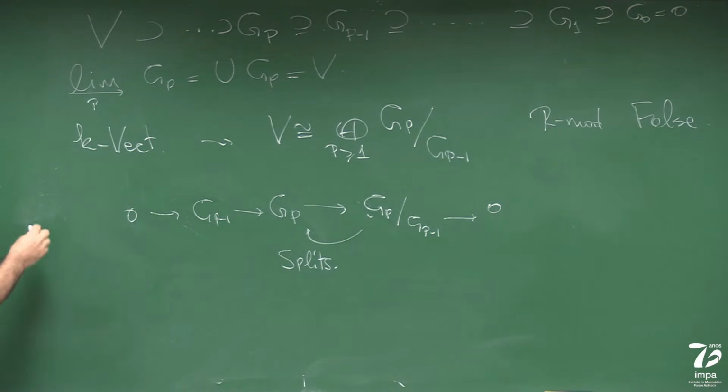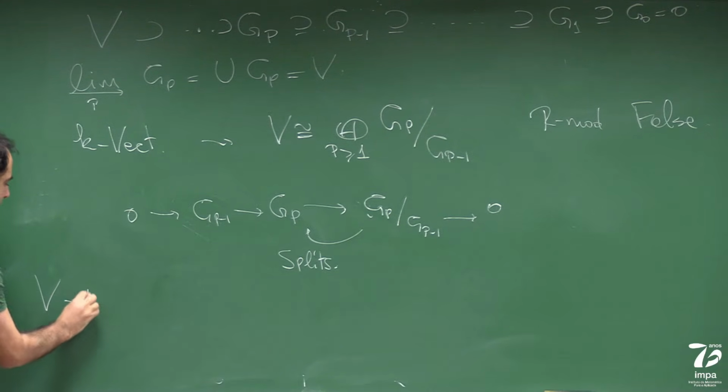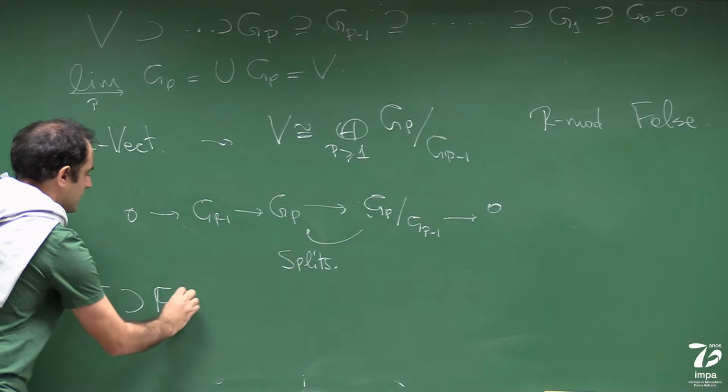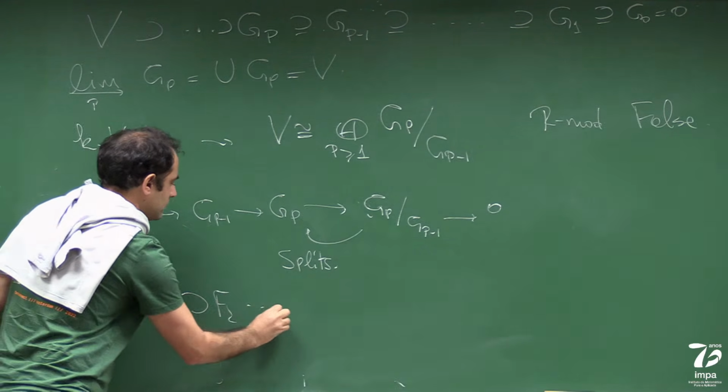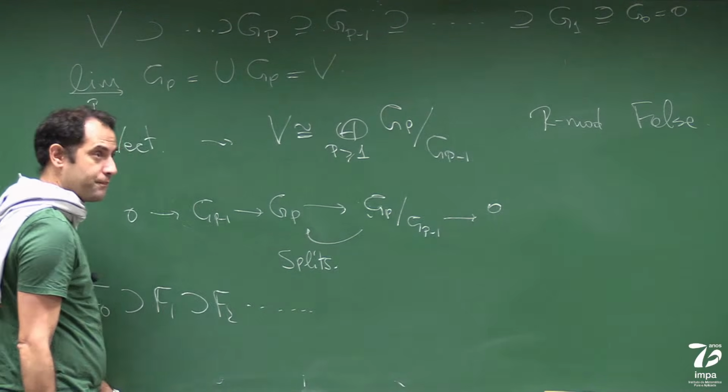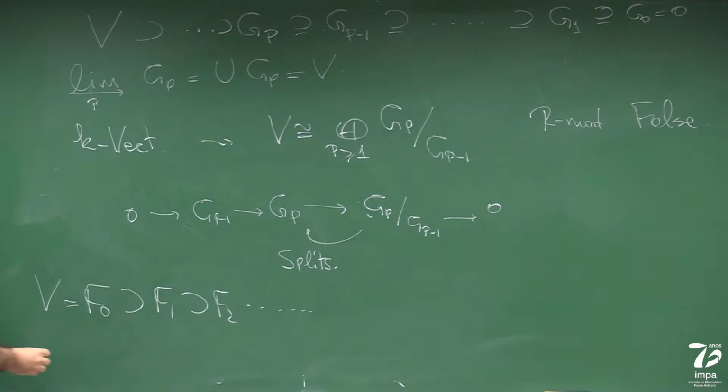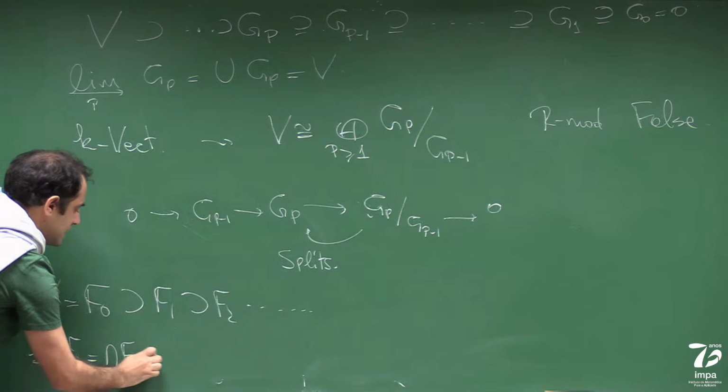However, if you take a decreasing filtration, where you say, well, let me call this guy F_0, and this guy contains an F_1, which contains an F_2, and so forth, then the condition of being separated is that the limit of these F_p, which is now the intersection of all these F_p, is 0.